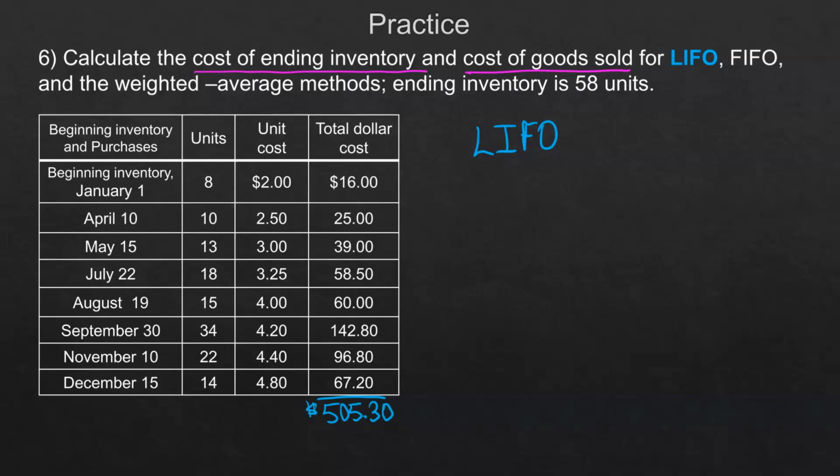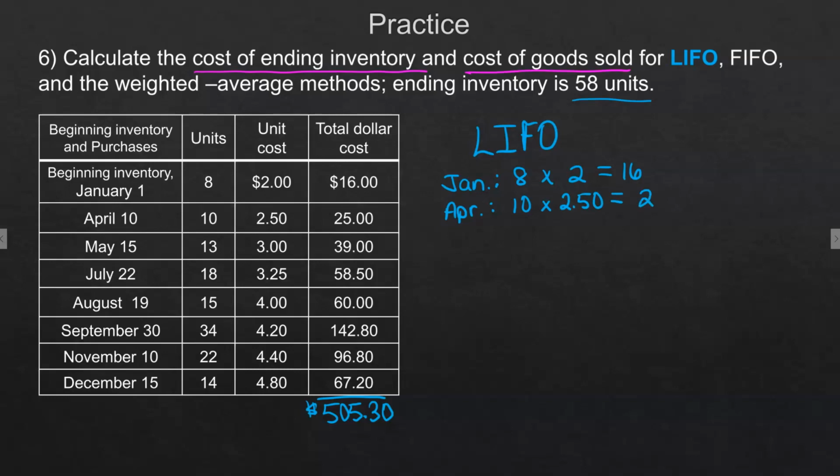Okay, so from the chart, there are 58 units left. Last in, first out would be at the bottom of the chart, so we're going to go back to the top. And so from January 1st, we're going to have 8 units, and then from April, we will have 10 units.